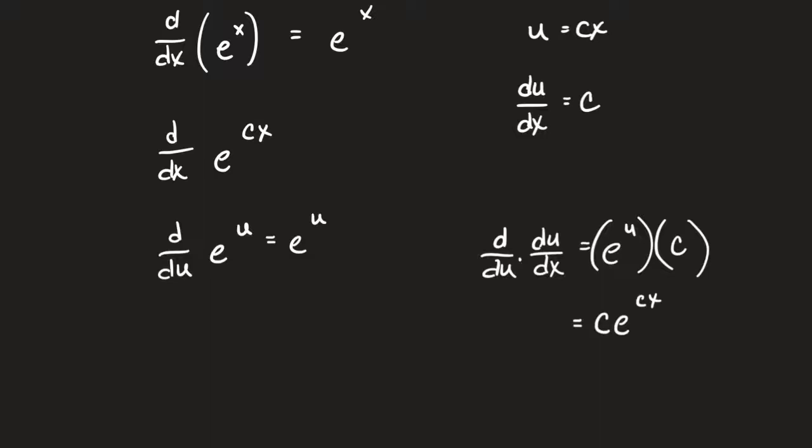So that suggests that d dx of e to the cx is just c e to the cx. Someplace in your notes, if you are a calculus novice, begin building your own chart of different derivatives, just so you have a point of reference that you can go back to and check to see how to do some of these.